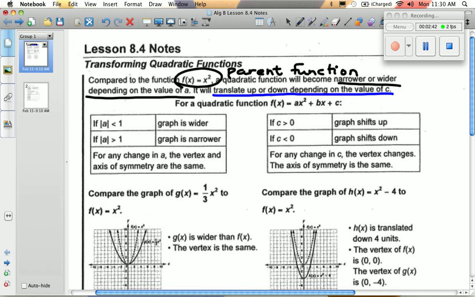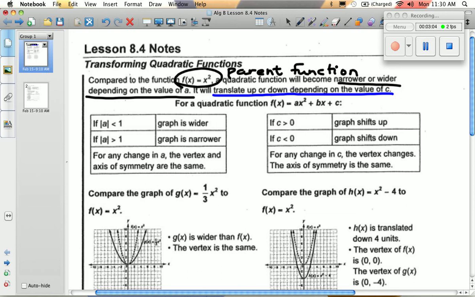So what's the c value in the parent function? What's the c value in f of x equals x squared? The y-intercept. Okay, and what is the y-intercept of the parent function? What is the c value of the parent function? Oh, 0. Yeah.